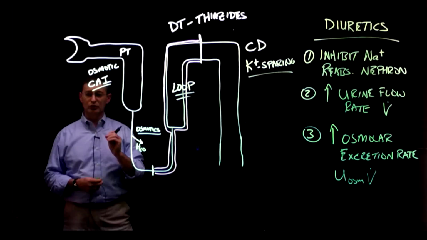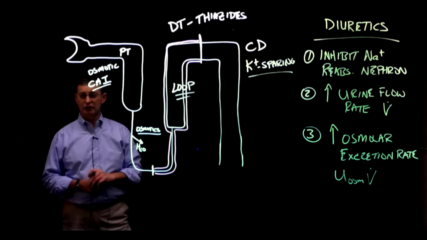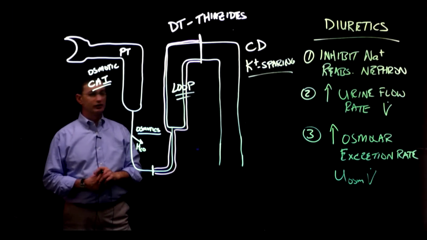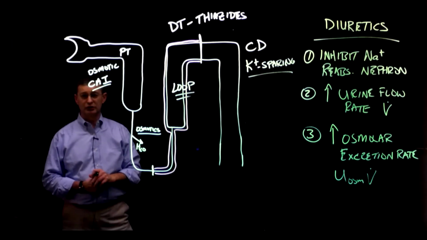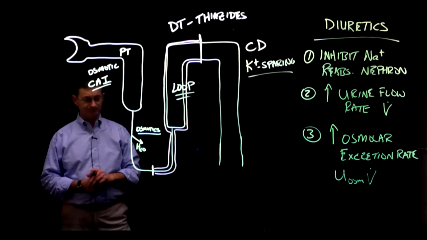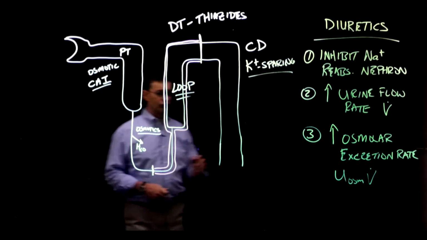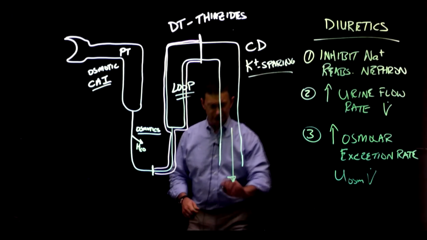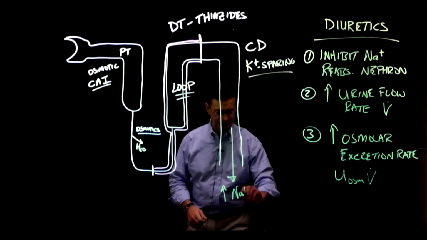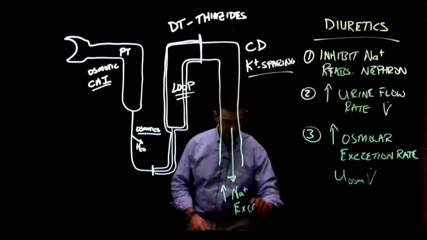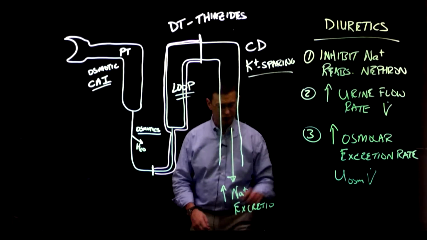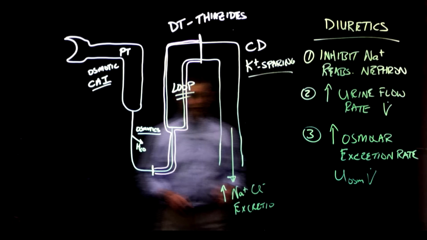So they can either work at the level of the lumen and block the sodium channel, the ENaC channel, or they can block the actions of aldosterone on the principal cell altogether. The net result is an increase in sodium excretion in the urine. Sodium and chloride, actually.